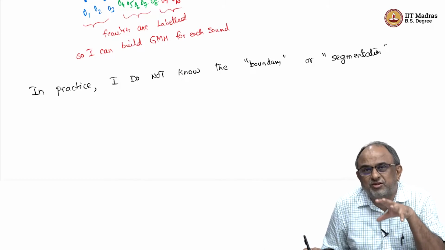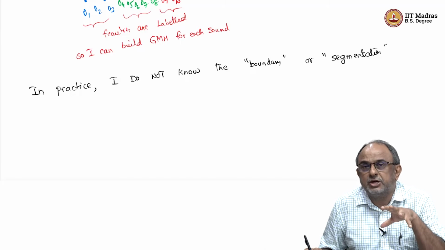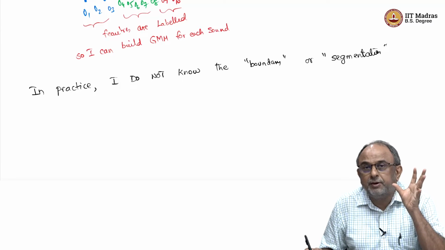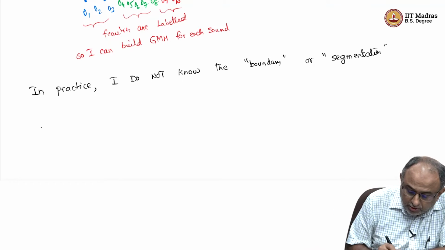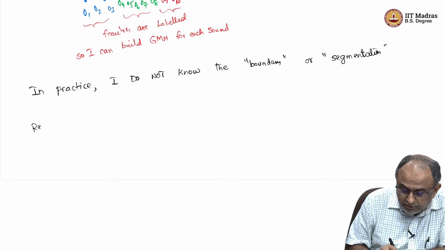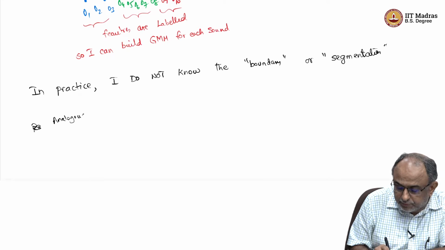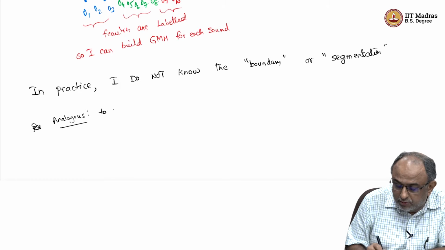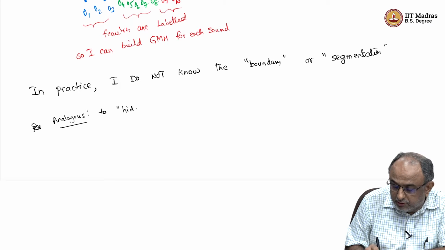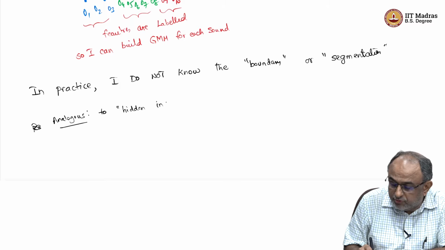This is somewhat analogous to whatever happened in the Gaussian mixture model, to hidden information.